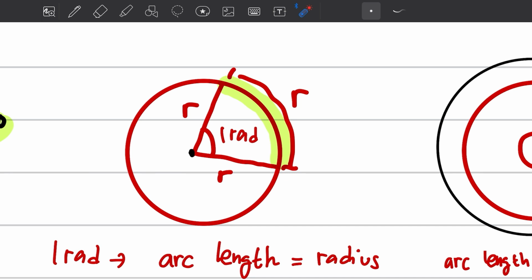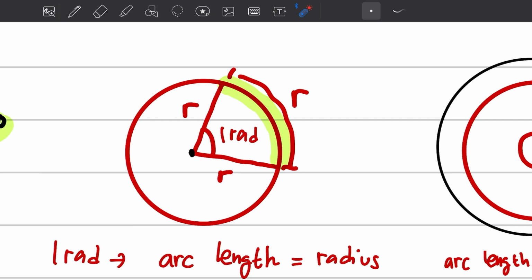So whenever you create an arc length that is equal to its radius, if the radius is 5 centimeters, you create an arc length equal to 5 centimeters. The angle created by that will be 1 radian. This is radius, this is radius, this is the arc length. Your angle between these two radii will be 1 radian.